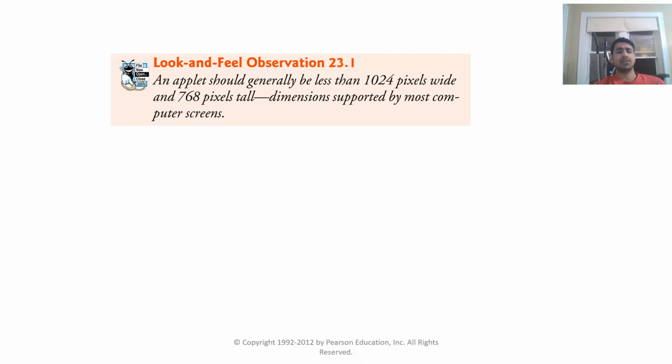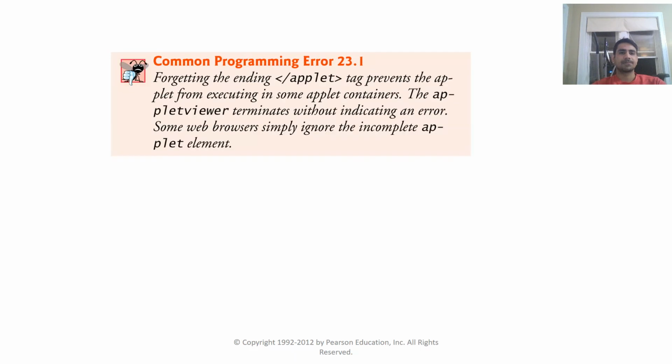An applet should generally be less than or equal to 1024 pixels wide by 768 pixels tall, the dimensions supported by most computers. These are the sizes that most of the latest computers will be able to support.